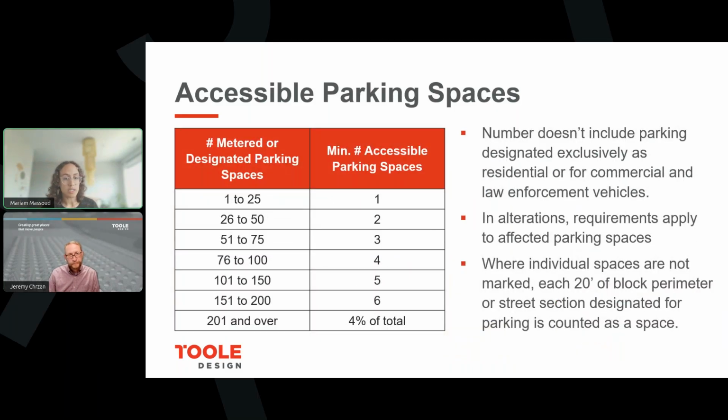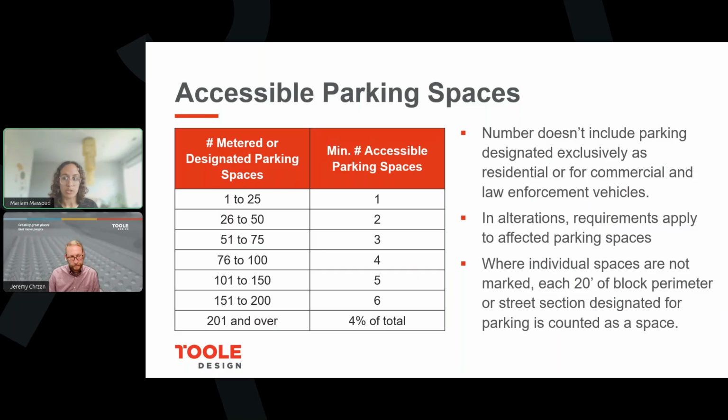This next slide has some information about accessible parking. This was one of the newer topics in PROWAG, so you may or may not be familiar with this, or you may not have run into it in your work yet. When altering parking spaces on a block, you may be required to put in a certain number of accessible spaces.